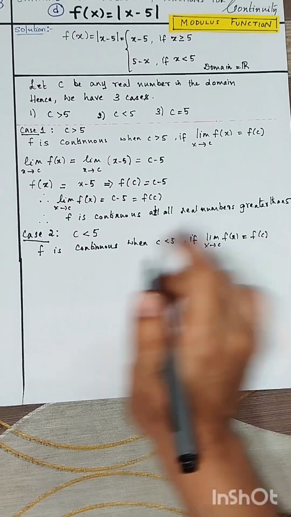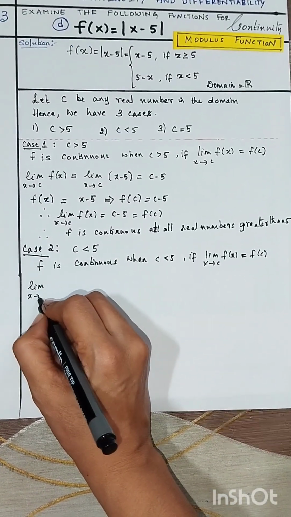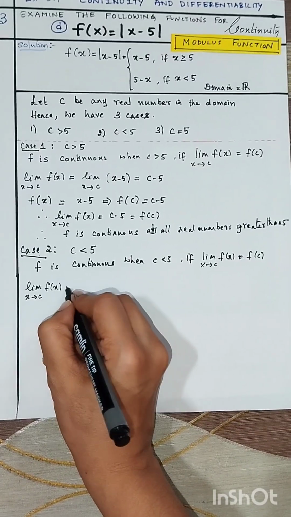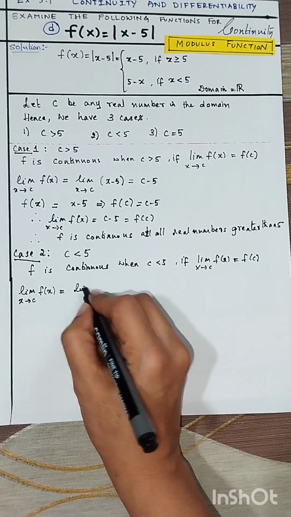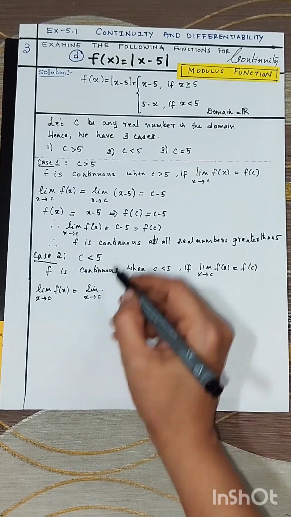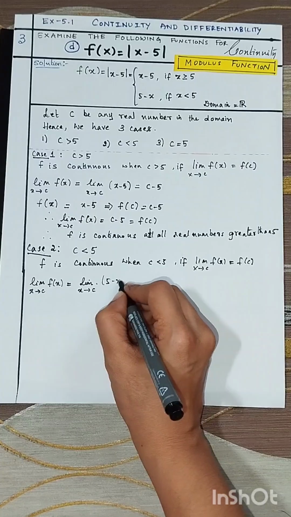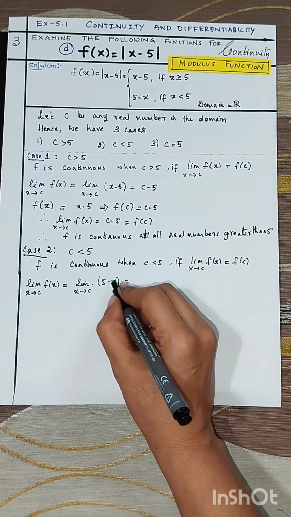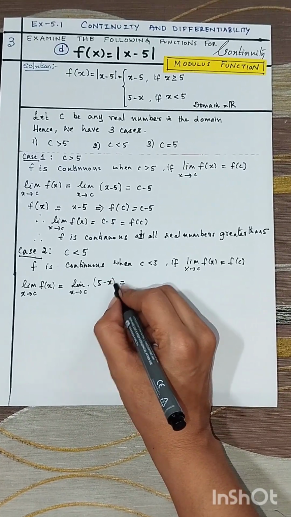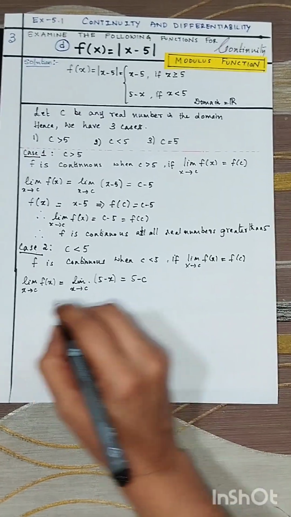We'll see whether they both are equal. Limit x approaches C, f of x is equal to limit x approaches C. Now C less than 5. So which function do we have to take? We have to take 5 minus x. Okay, now this is a polynomial function. So the limit exists. So therefore we can write 5 minus C.